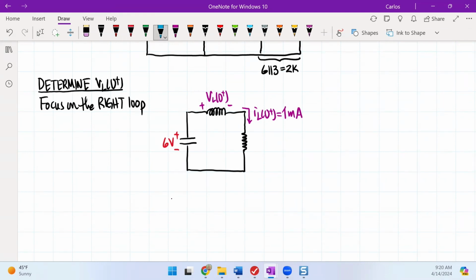So if this resistor here is a 2K resistor, by inspection you can see that the current running through the 2K is 1 milliamp. This immediately gives us that the voltage of the 2K is 2 volts.